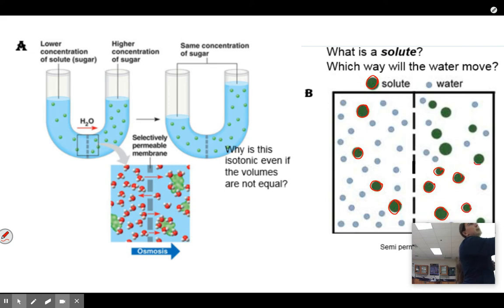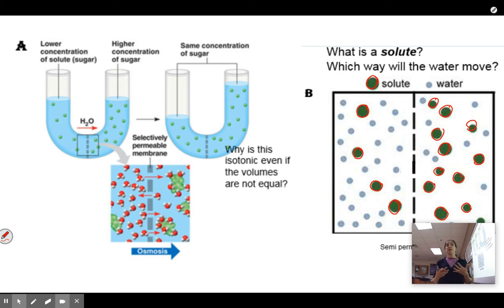I think that's a solute too. And again, we have a semi-permeable membrane in the middle. And this question asks us which direction the water is going to move. So first, if we use our vocabulary to label these, which side would you call hypertonic and which side would you call hypotonic?